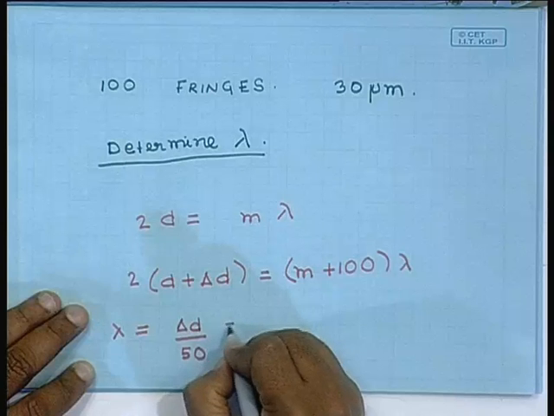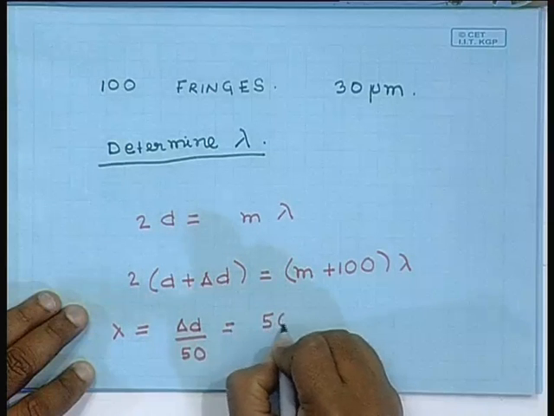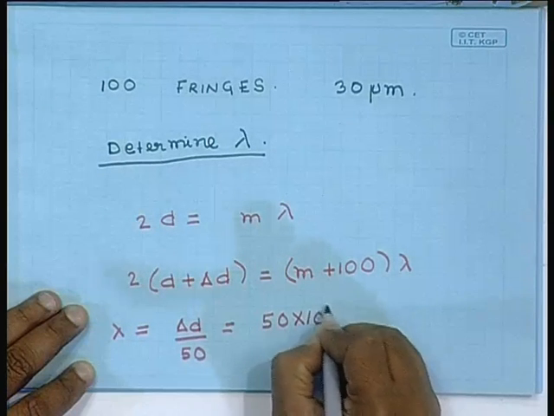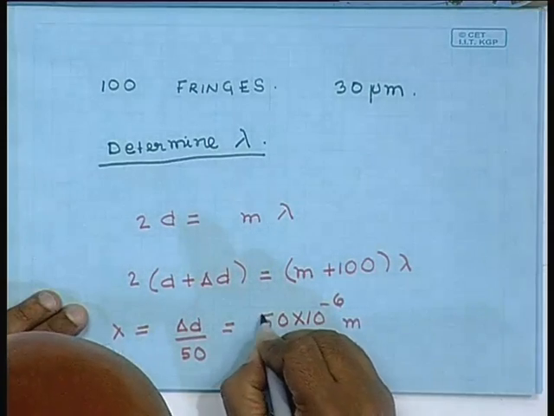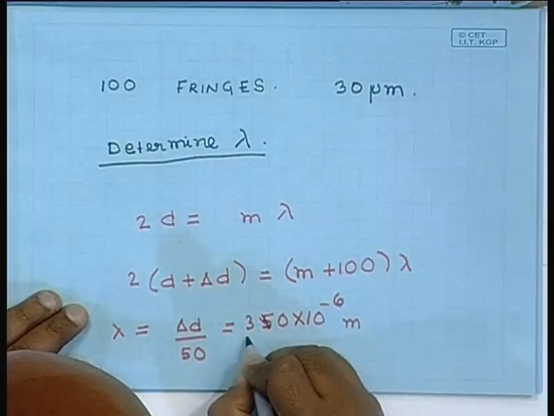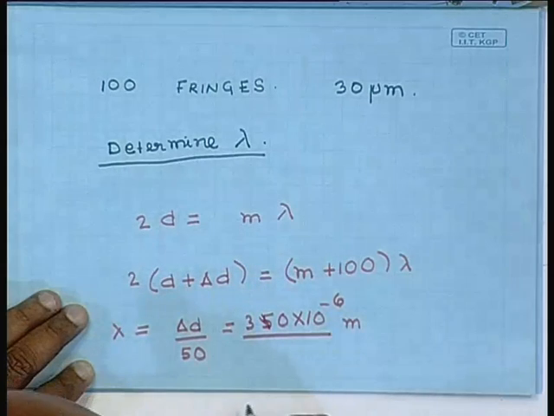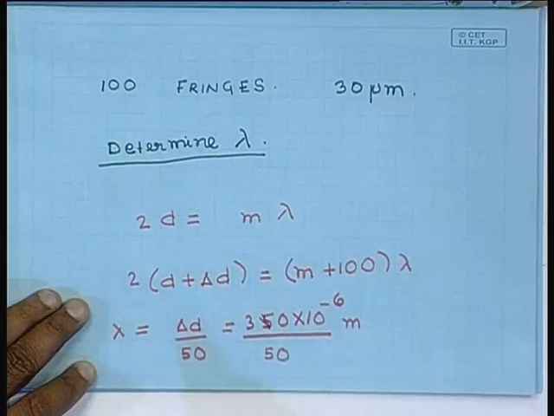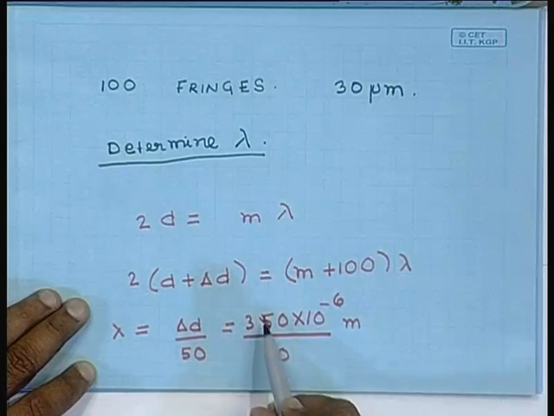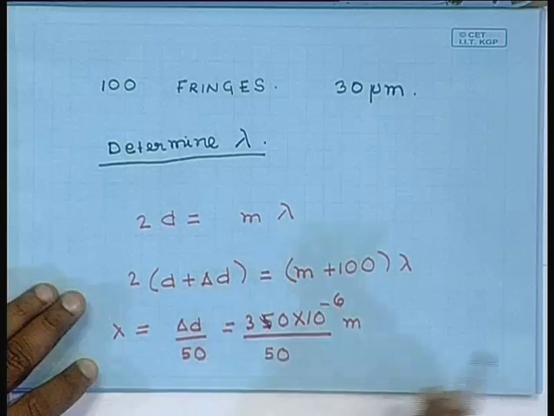So you have 30 into 10 to the power minus 6 meters divided by 50, which we can write as 60 divided by 100.